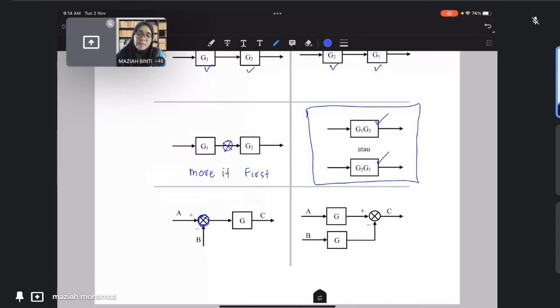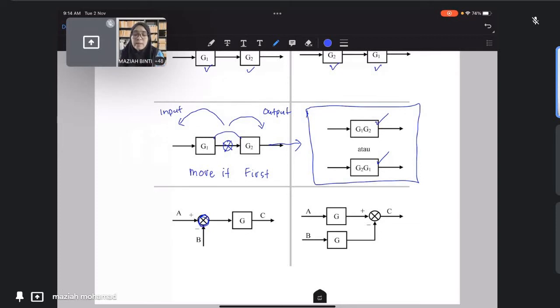So the choice is either you move the summation point toward the output, because we consider this side is output, or you move toward the input. After you move it, then only you can multiply G1 and G2 and combine them together.